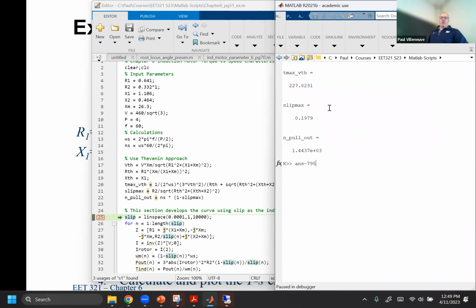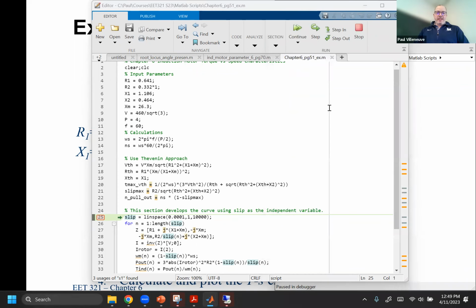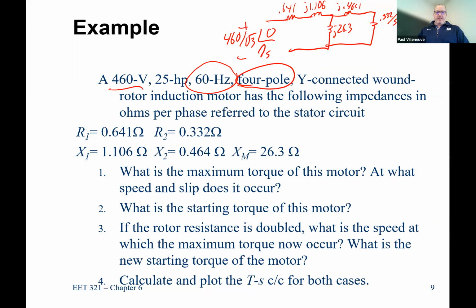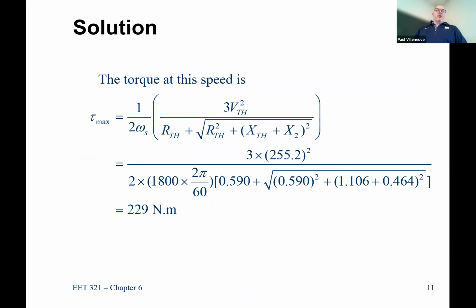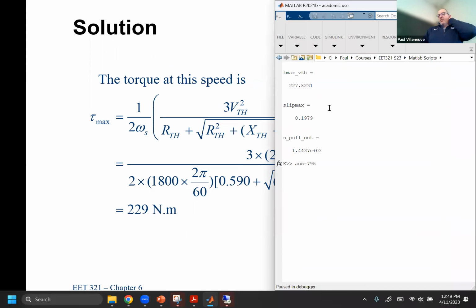So my torque at my maximum, 227.8. Let's go back to here. So using the Thevenin approach, Thevenin equivalency, you get 229. When you do it with MATLAB, you get a little more precision. So the 229 is because of rounding, but you get essentially the same number, 227.8, close enough to 229.